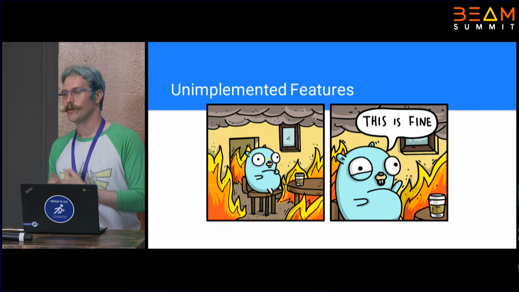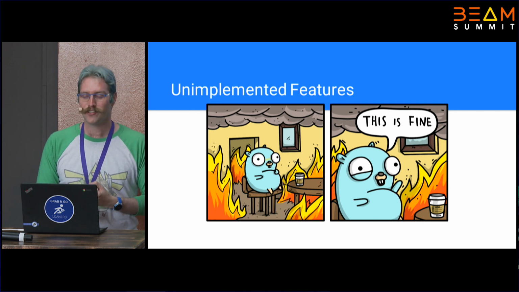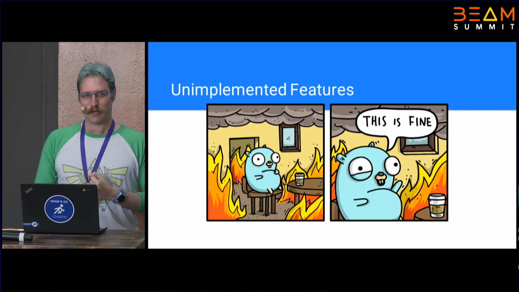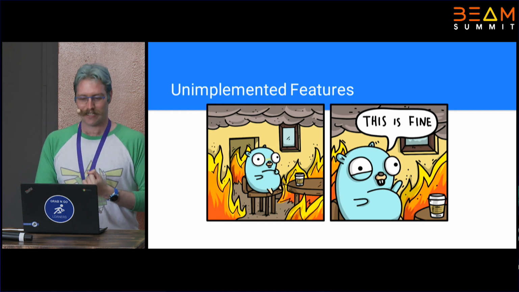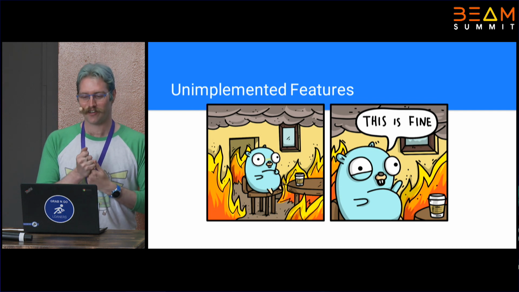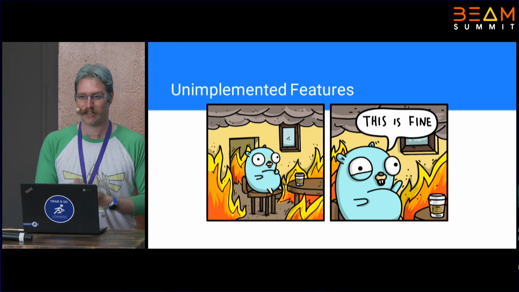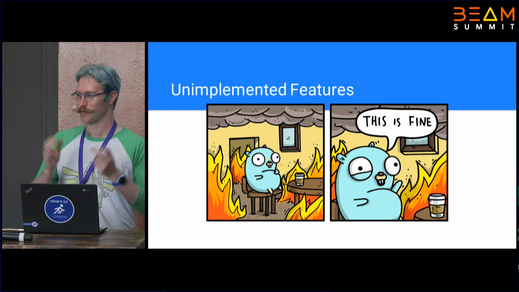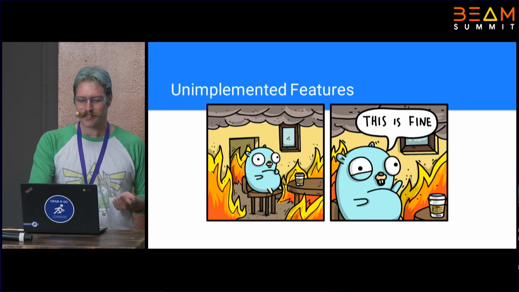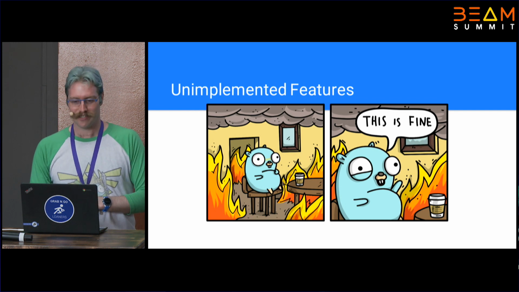There is basic windowing support, although to my knowledge, I don't believe there's any tests for it yet. And it only works for fixed and sliding windows. Custom window functions aren't implemented because they are not yet implemented in the portability framework, and like I said earlier, the Go SDK doesn't exist without portability. State and timers, I do believe, have portable representations, but they aren't implemented in the SDK yet.